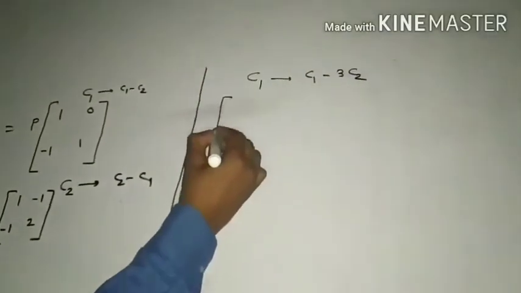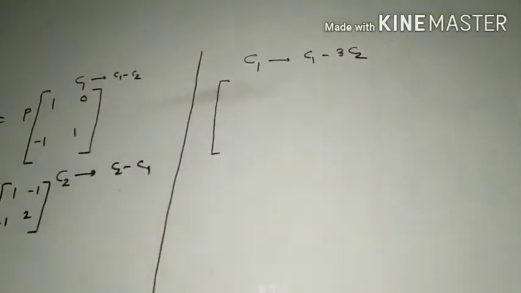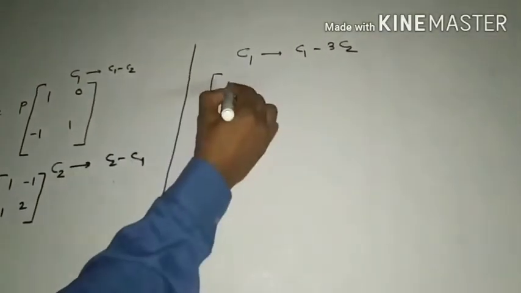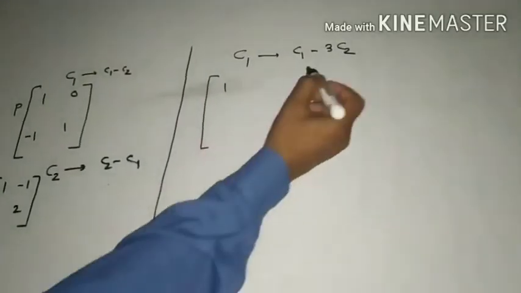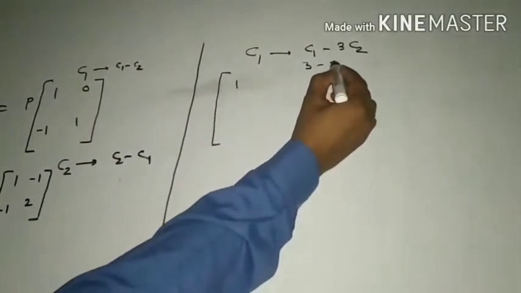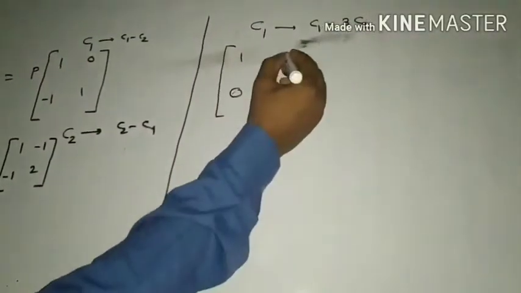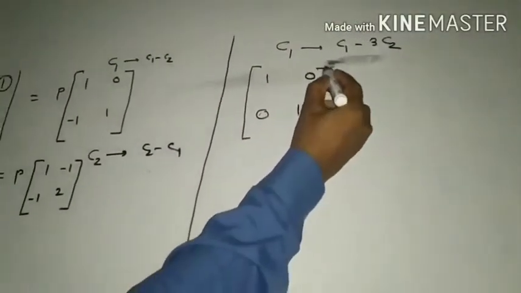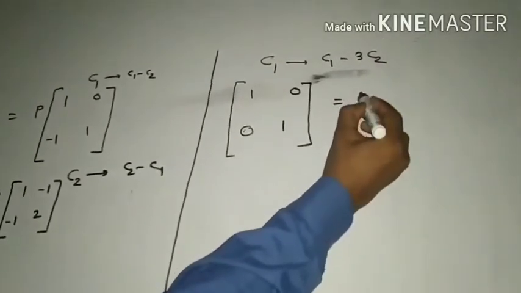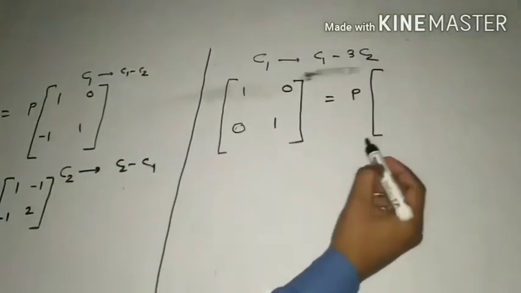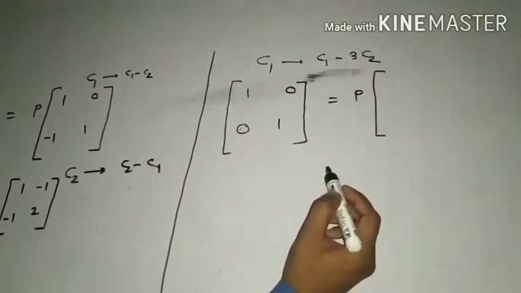Then what we will get? So 1 minus 3 into 0 is 1 we will get, and here C1, this is 3 minus 3 into 1, this will become 0. So here this is 0, and then 0, and then 1, and here this is P. On this side again you have to apply the same. So here what we will get?